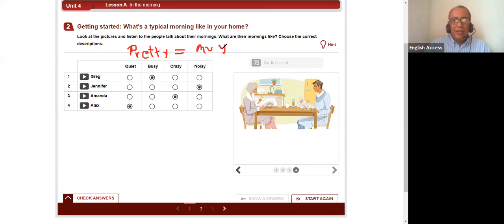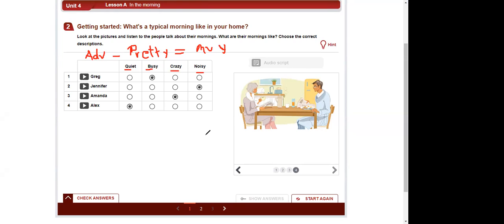Entonces, funciona también como un adverbio, adverb, que le da fuerza en este caso o describe más lo que es cada adjetivo. Le da un poquito más de fuerza. Y, teacher, ¿sería lo mismo si decimos pretty muy bonito o muy bien hecho?